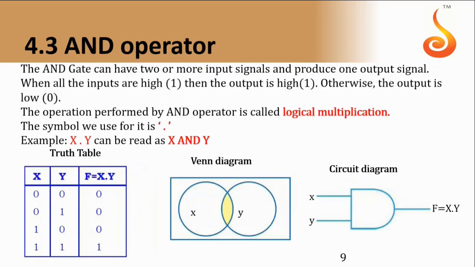The next is AND. The AND gate has two or more inputs and produces one output. These diagrams and symbols are very, very important. When all the inputs are high, 1, then only it will be high, otherwise the output would be 0. In OR, all the inputs should be low for the output to be low; if one input is high, the output becomes high.